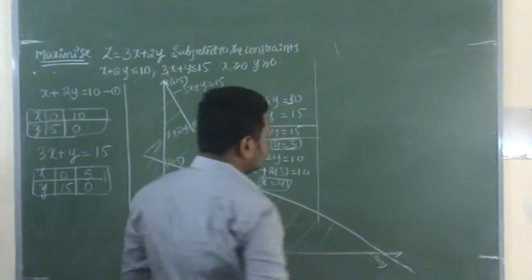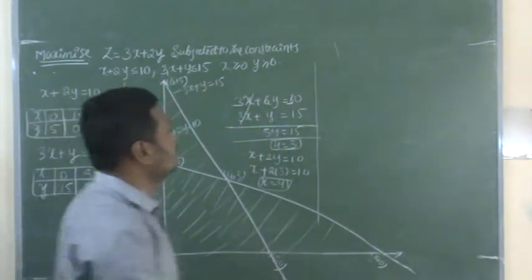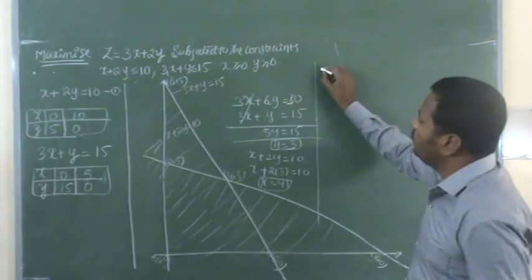Next, the corner points of the feasible region and the corresponding value of z.